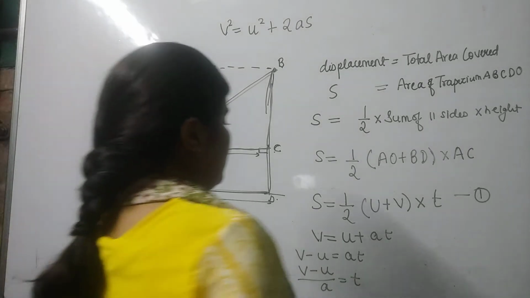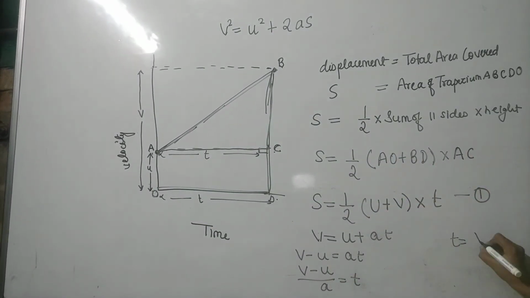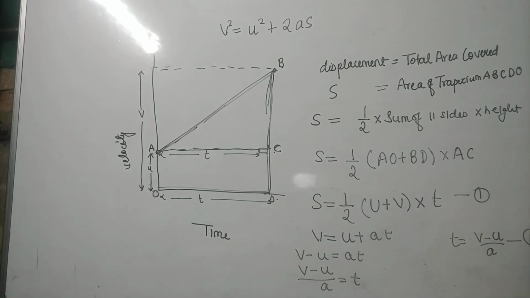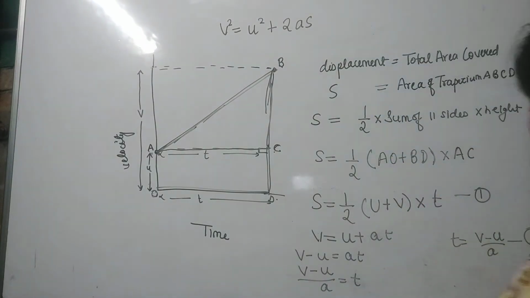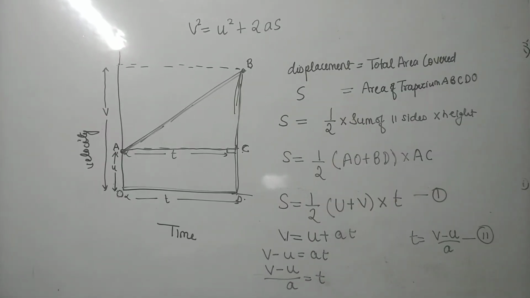So the value of t is v minus u upon a. Let that be equation 2. Now put the value of t from equation 2 into equation 1.